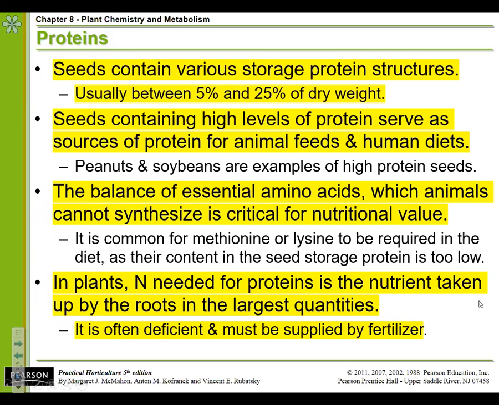Therefore, because it's so mobile, it is often deficient in soils and must be supplied by either fertilization or cover cropping. If we were sending our soil samples off to the testing laboratory at Virginia Tech, for instance, they don't even look at the nitrogen. They're not even going to tell you, because by the time you get the test results back, it's going to have changed. So it's just assumed that you need to fertilize with nitrogen.